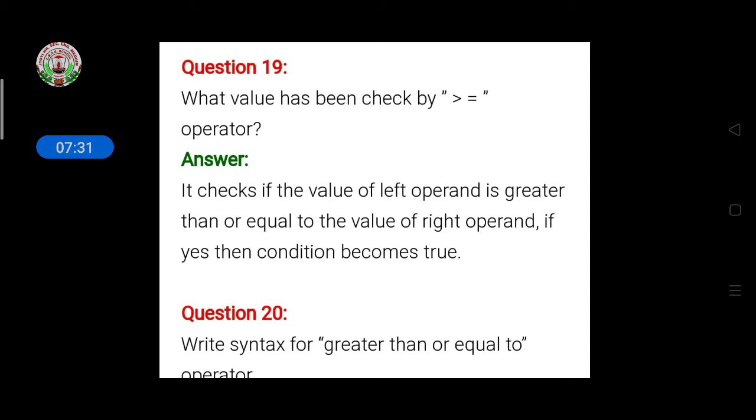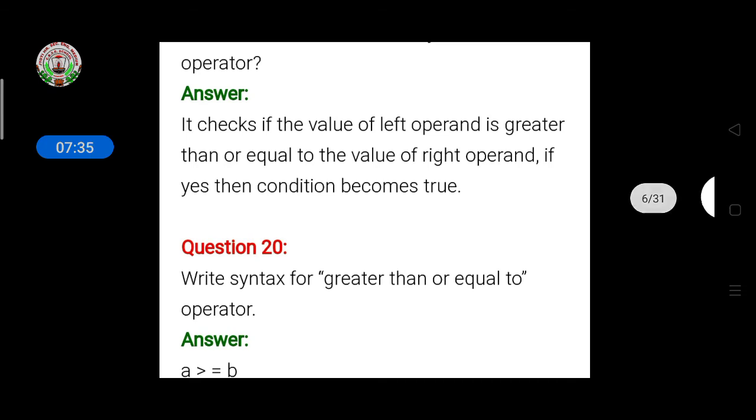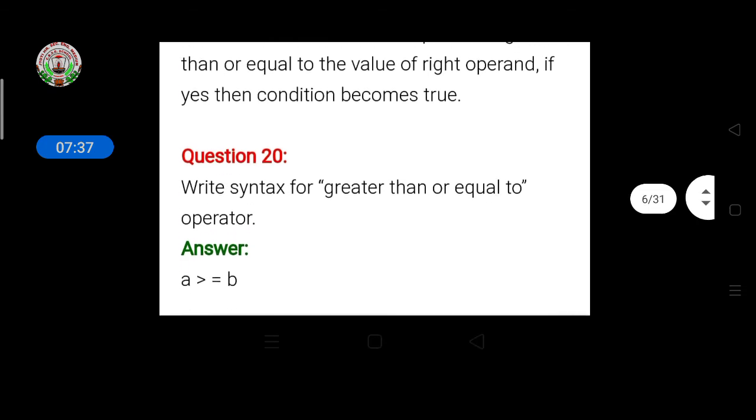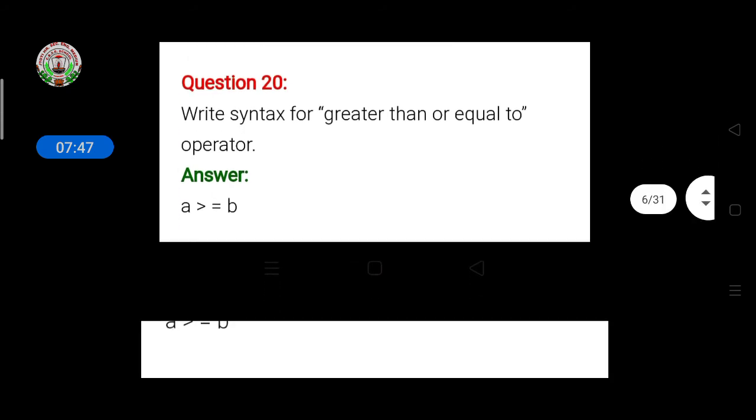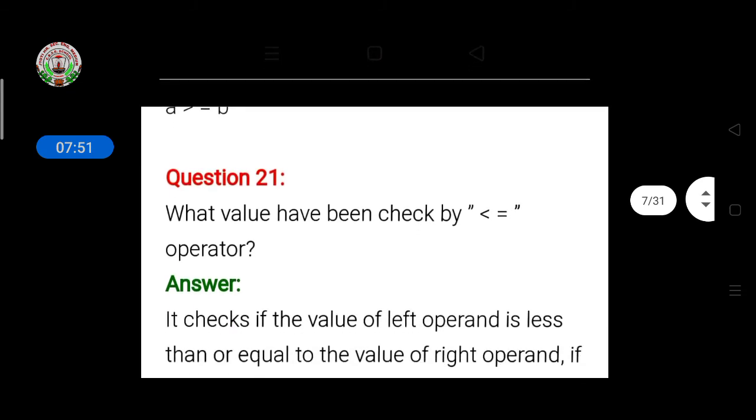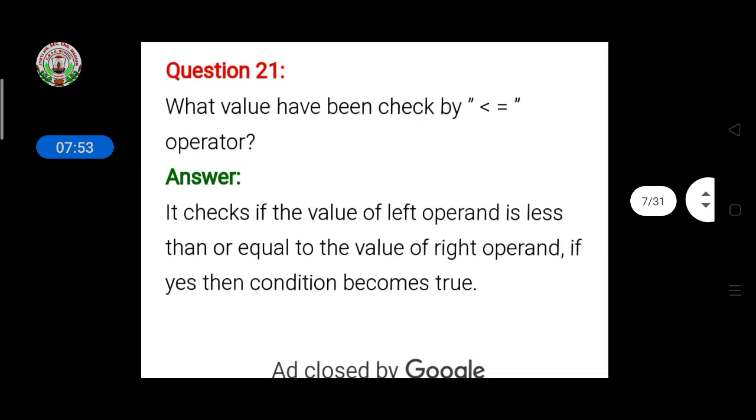That is the meaning of the operator. If the condition is true, then it gives the true condition and shows the result. Write the syntax for the greater than or greater than or equal to operator. This is the syntax for a greater than equal to b. This is the syntax.